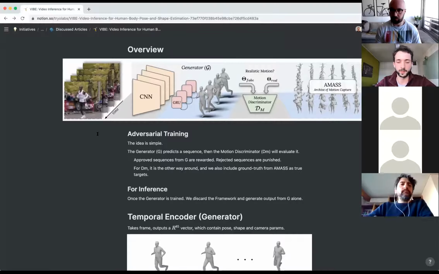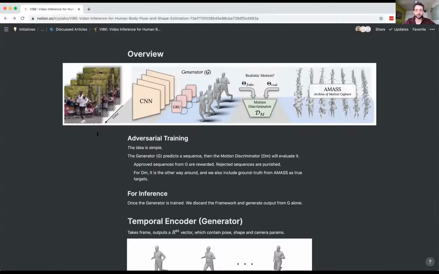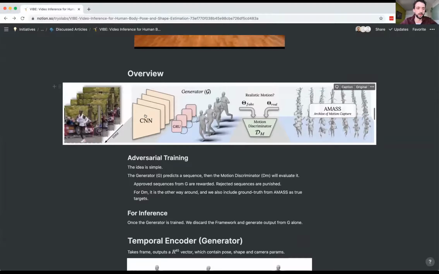Okay, so how did they do this? The whole architecture actually has three parts. Here on the left, we have the generator that will take the video frame by frame and output the pose and shape of the subjects it detects, in a format that we'll explain a little bit more later on.